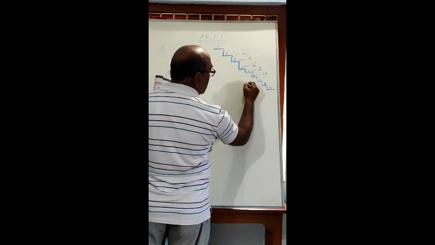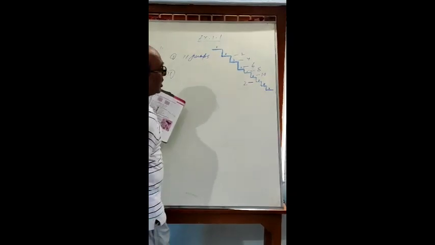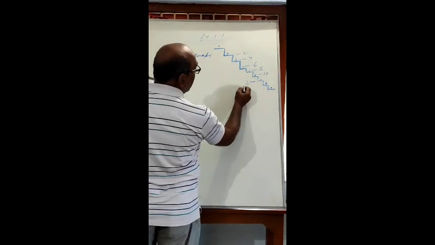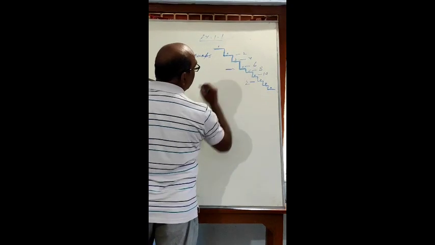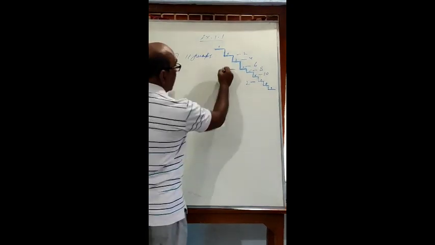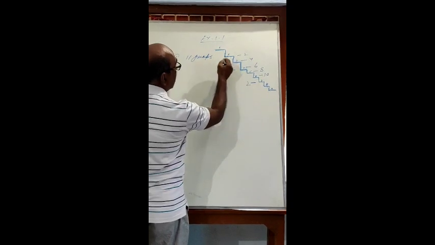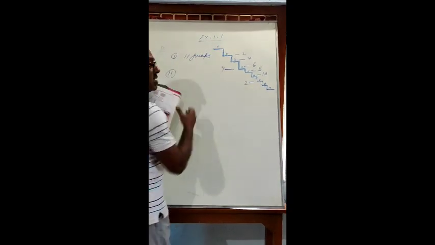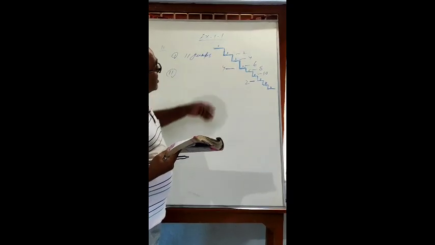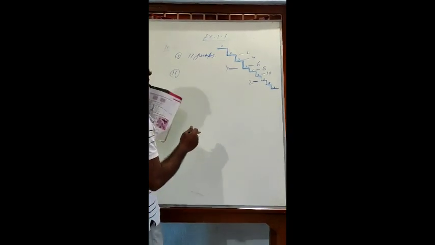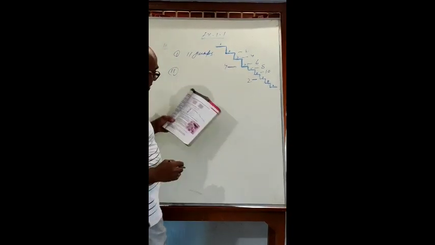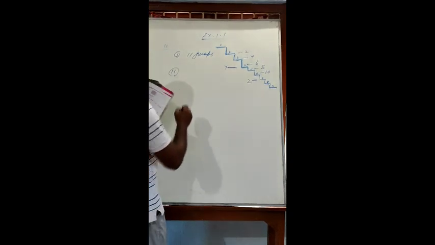It means after 2 jumps, the monkey will be here. After 4 jumps, the monkey will be here, and in the 5th jump, the monkey will be above the steps, and therefore your answer is 5 jumps. Second part of question number 2 is 5 jumps.